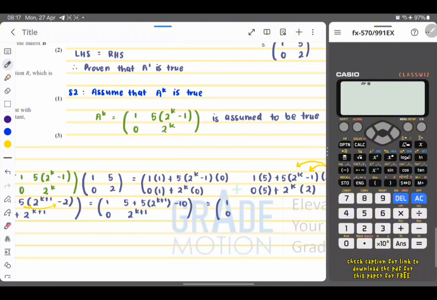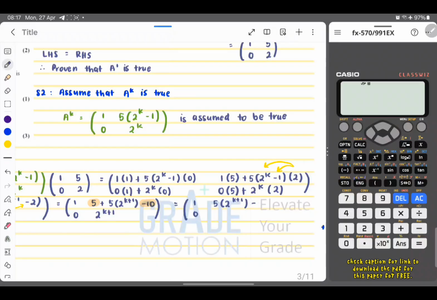So what we will consider now is this 5 minus 10. So we will get 5, open bracket, 2 to the power of k plus 1, close bracket, minus 5. Where did I get that? 5 minus 10. Here it will be 2 to the power of k plus 1. Let's zoom out.